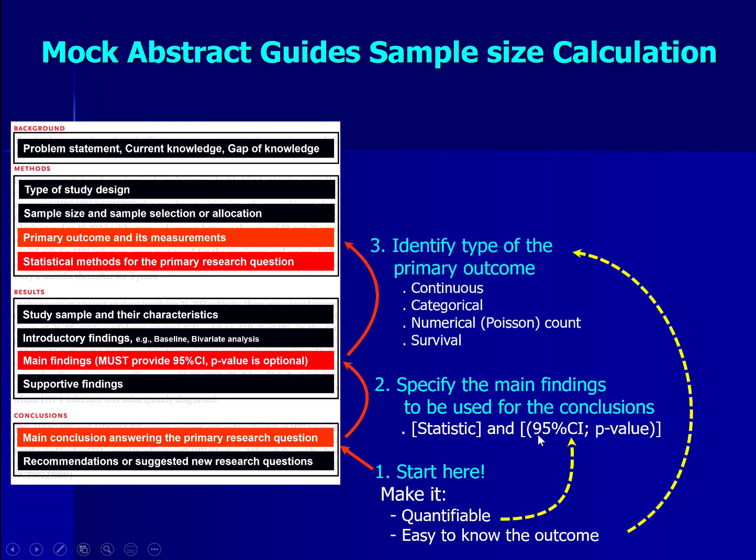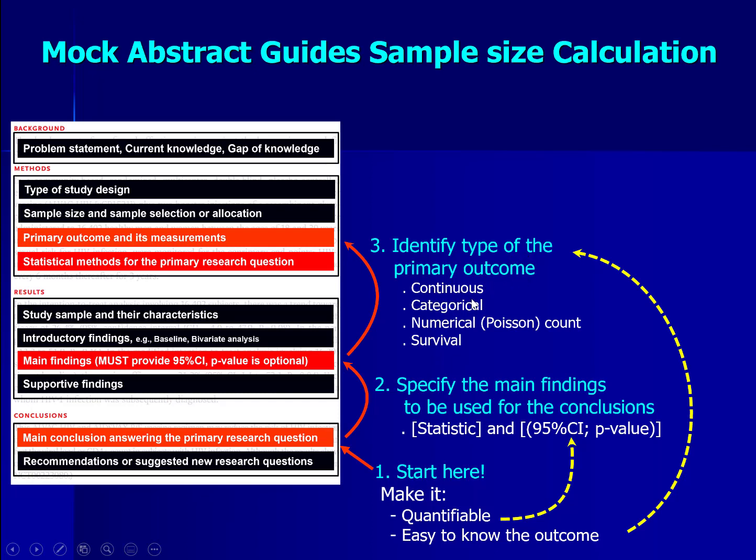How can we know what methods these things are being estimated from? We need to be able to classify the type of the primary outcome. For example, the weight: green tea effect on weight means that the weight is the outcome.